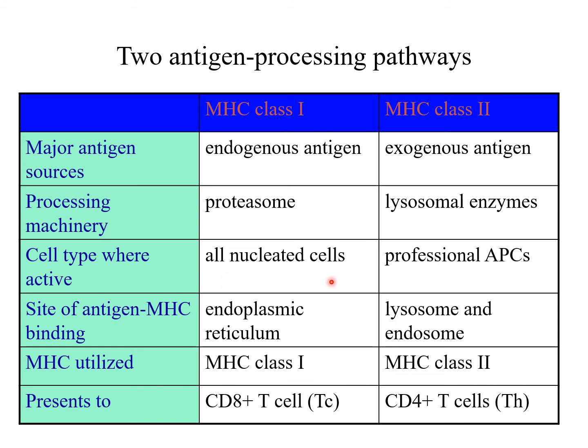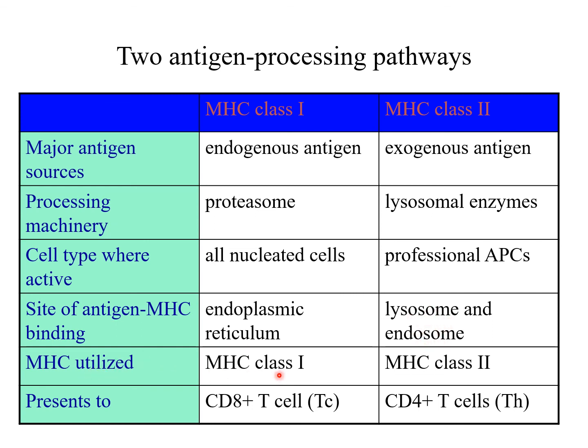It's found in all nucleated cells. The MHC class 2 is restricted to professional antigen presenting cells. The site of antigen binding in MHC class 1 is the endoplasmic reticulum, while for MHC class 2, it occurs outside the endoplasmic reticulum, within the lysosome and the endosome.